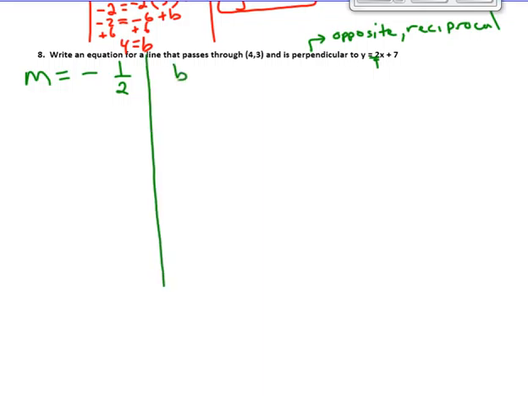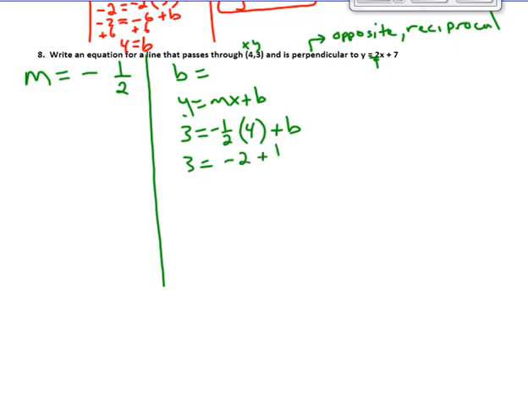The next part that I'm looking for is what b is. Again, they didn't give me a y-intercept, so I'm going to use x and y in y equals mx plus b. The y is equal to 3, the slope we just found to be negative 1/2, and the x is 4. So I get 3 equals negative half of 4, which is negative 2.